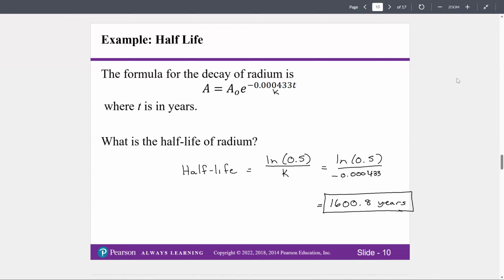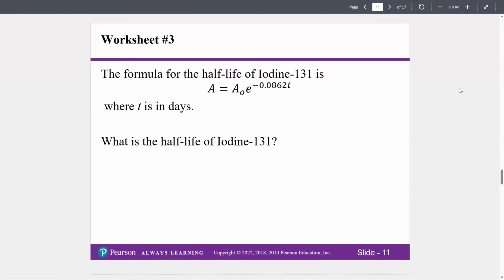So your question is, the formula for the half-life of iodine 131, which is radioactive, is A equals A sub 0 E to the negative 0.0862 T, where T is in days. What is the half-life of iodine 131?